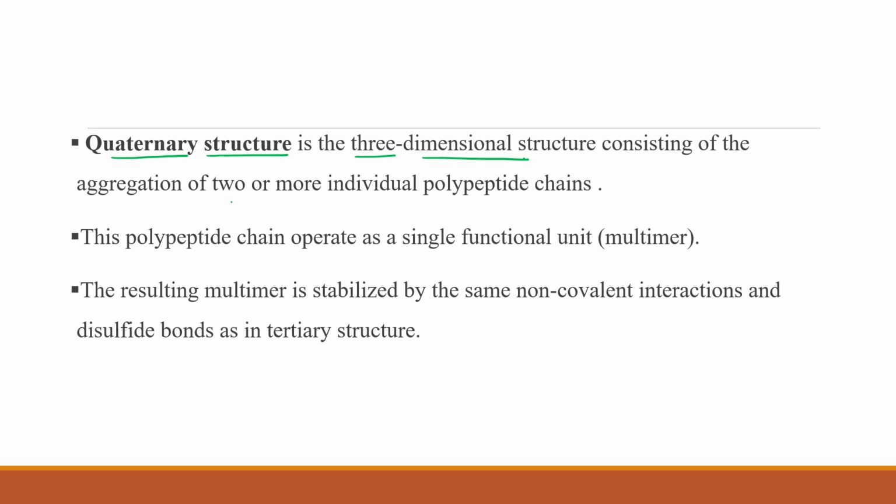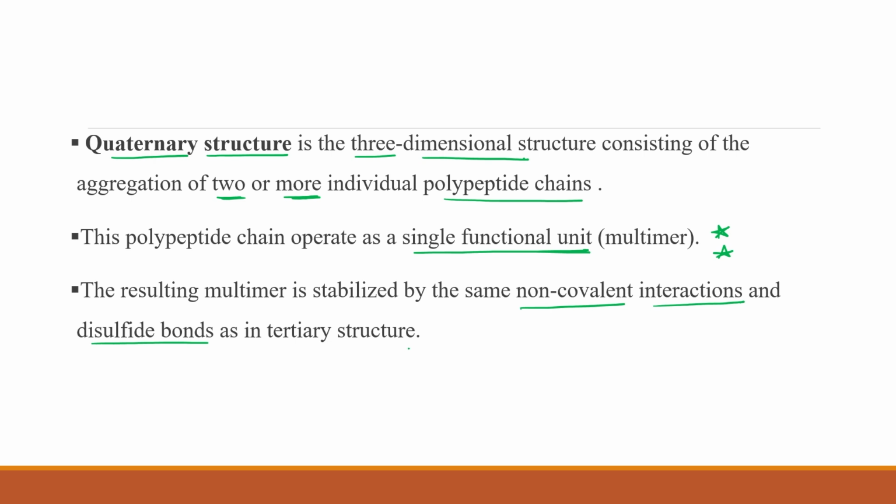So here, two or more polypeptide chains, and these polypeptide chains operate as a single functional unit, like hemoglobin. The resulting multimer is stabilized by some non-covalent interaction and disulfide bonds as in tertiary structure.